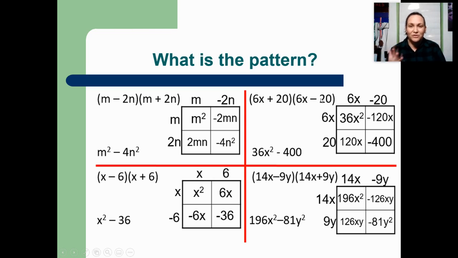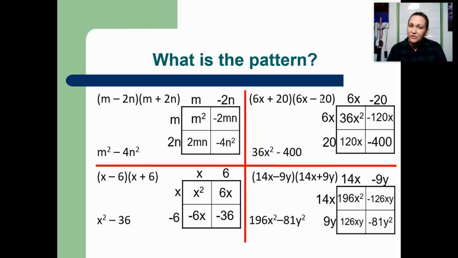So it doesn't really matter which one is where, but you do need to have one of each. If you have one plus and one minus, we are not squaring because those are not exactly the same. So they will have to be written as two separate parentheses. So that's what you need to look for to tell if it is this special case. Same first number, same last number, one with a plus, one with a minus.